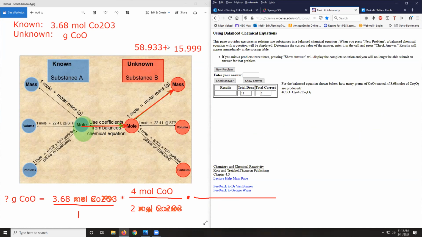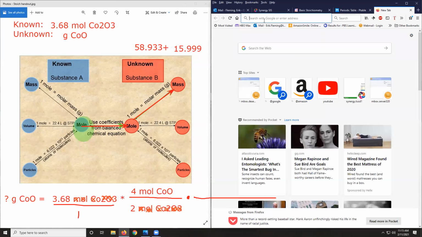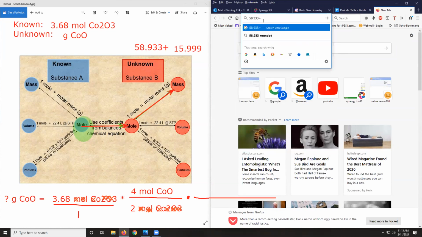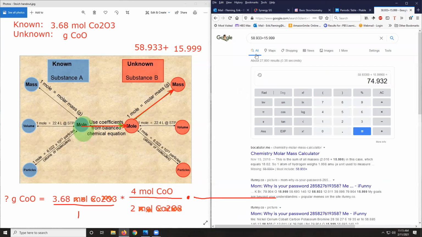So you want to use a calculator, or you can do it in an extra browser tab. You can say 58.933 plus 15.999 and it equals 74.932.